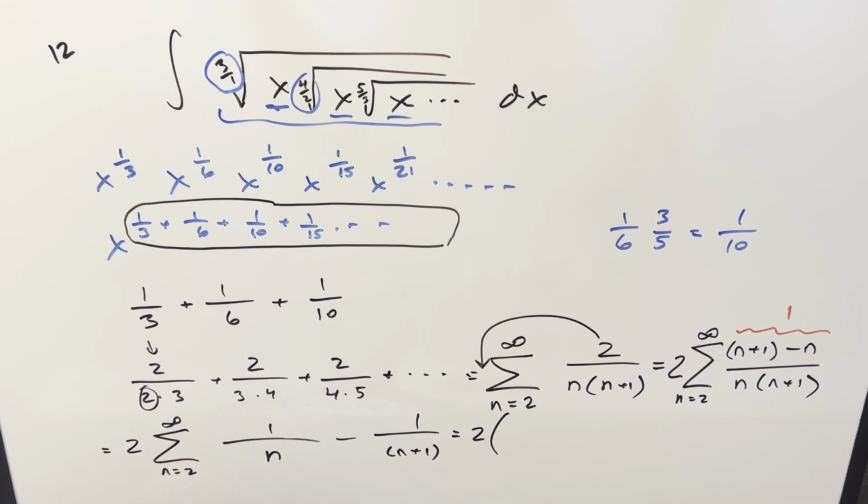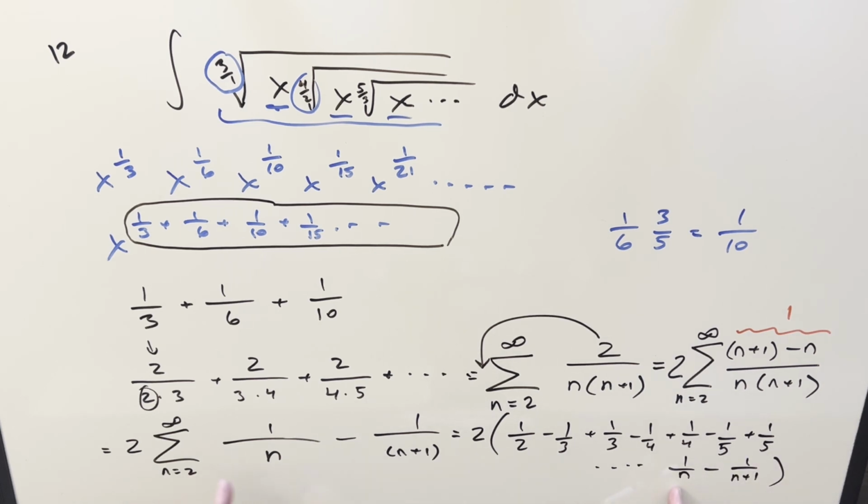So now plugging in, starting with 2, we're just going to have 1/2 minus 1/3. And then when n is 3, we're going to have plus 1/3 minus 1/4. And then plus 1/4 minus 1/5. This is going to keep going all the way to 1 over n minus 1 over n plus 1 as these values approach infinity.